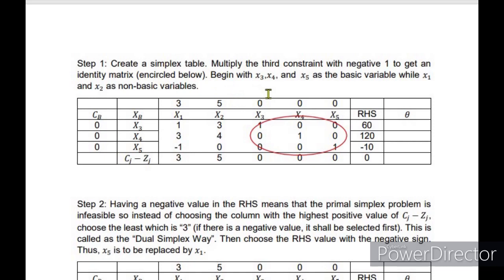So begin with x sub 3, x sub 4, and x sub 5 as the basic variables. Here, they are under x sub b, or the basic variables, while x sub 1 and x sub 2 are the non-basic variables. So here, just multiply negative 1 to the constraint 3, okay, to make this positive 1, so that you have an identity matrix to start.